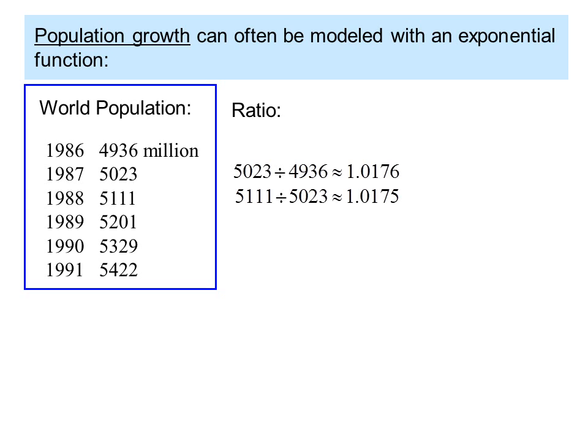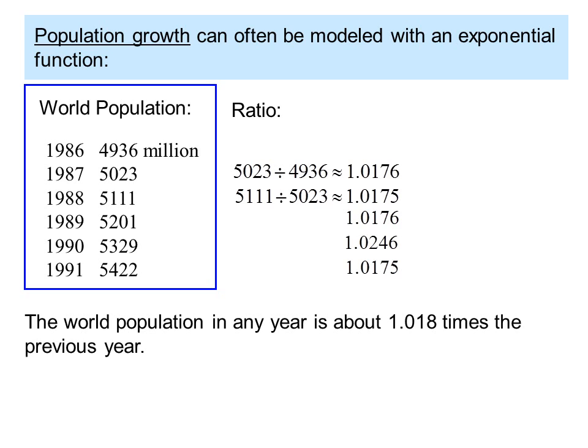And we do that for each pair of years. And we see that for the most part, the numbers are pretty consistent. We have one outlier, but the world population in any year is about 1.018 times the previous year.